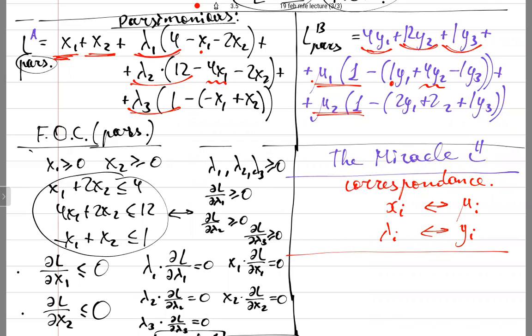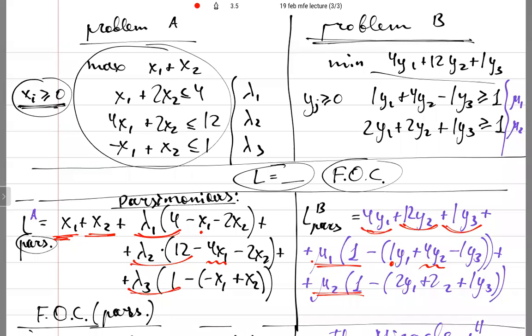Okay, so these two problems are intrinsically related. You look at problem A and you see x1 and x2 are variables, but x1 and x2 are Lagrange multipliers for problem B. If you look at problem B, y1, y2, y3 are original variables. But if you move to problem A and rename the Lagrange multipliers, not as lambda 1, lambda 2, lambda 3, you may name them like y1, y2, y3.